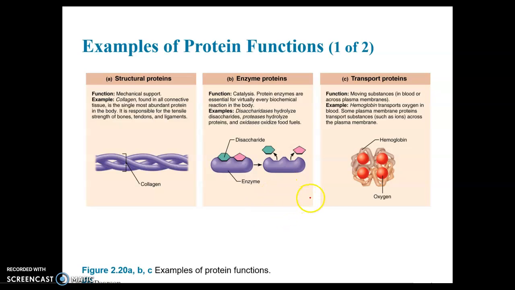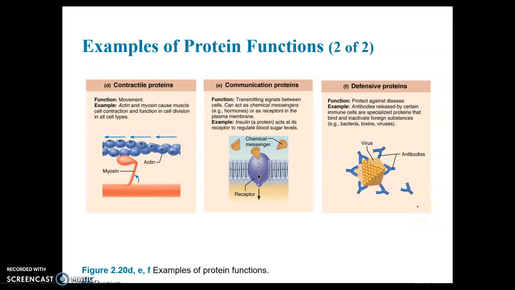When they attach to this active site or this special shape in the enzyme that's designed to break down sucrose, then the glucose and the fructose molecule are released. So this enzyme is used in a hydrolysis reaction. Then there are transport proteins like hemoglobin that transports oxygen.